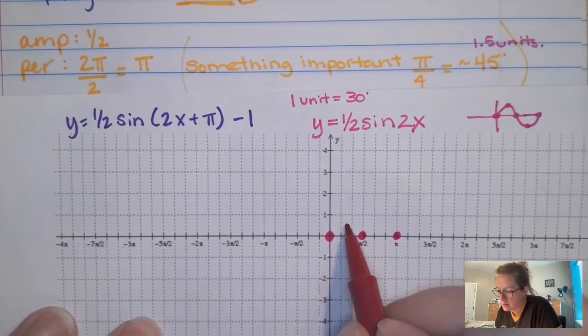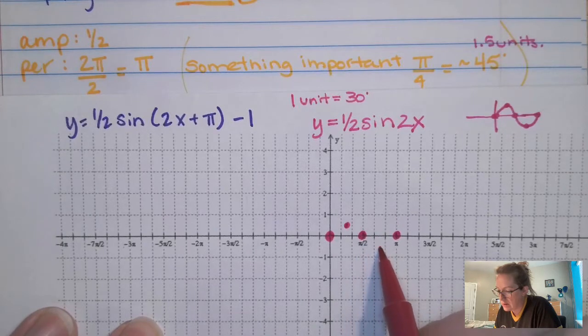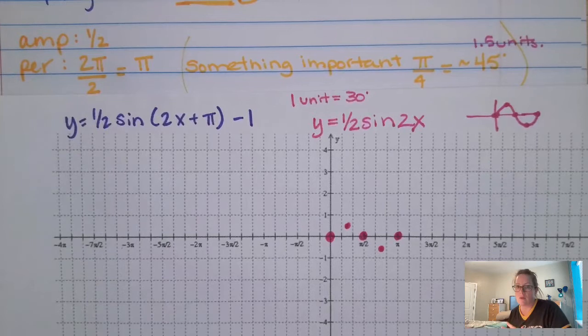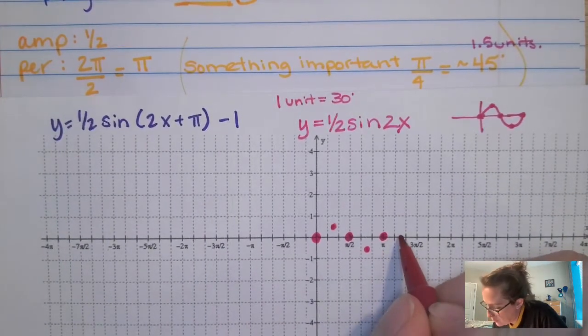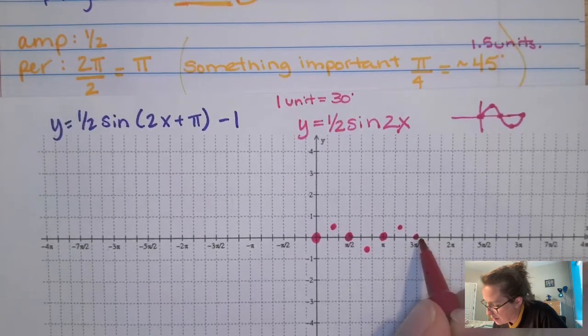That's 1, so it's going to be right there. 1.5, and then down a half. Okay, so there's our normal half sine 2x. That's a very small amount. Let's just do a full 2 pi here.